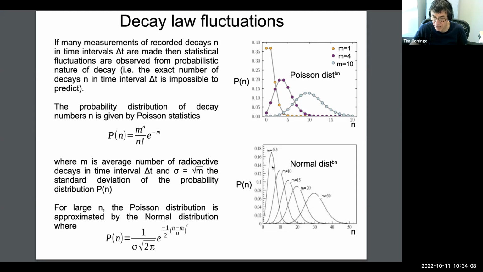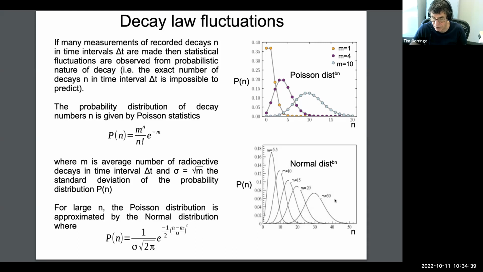What you're seeing here, as we walk from a mean of 5 to a mean of 30, is the evolution from the Poisson distribution, which is important for describing the probability distribution when you have small values for the mean, to the normal Gaussian distribution, which is a good approximation when your mean value, your average value, is a large number of decays.